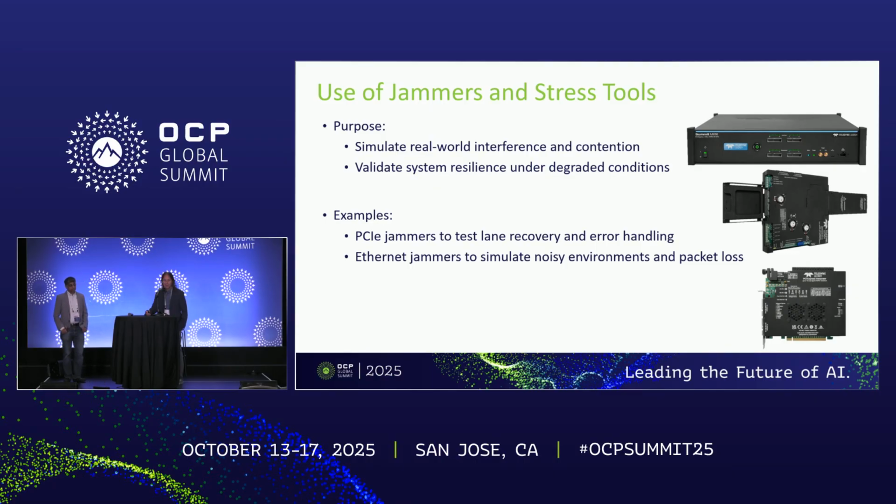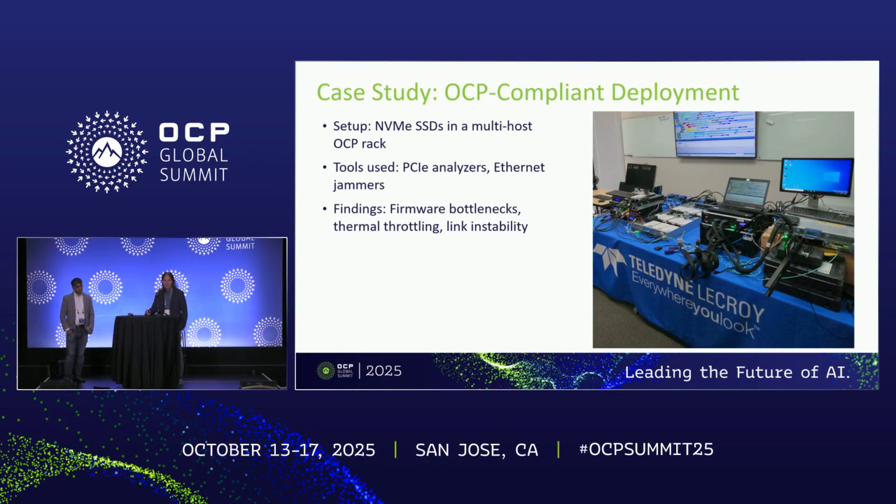We're down to the last couple of minutes, so I'm going to run through a couple of slides here real quick. We've run through what we did from this case study perspective, where we did a full setup configuration in our lab and ran these tests with the different solutions and systems, working with the Wiwynn team, and then creating these instability tests to determine how different parts of the system react and how it might affect the OCP SSDs.